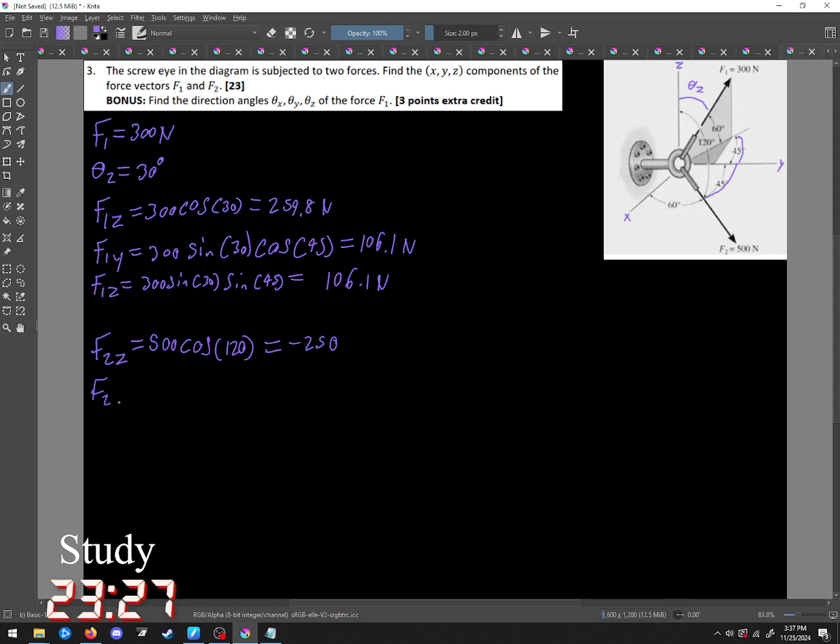And then we have F2y: 500 sine of 120 cosine of... looks like that's also 45. And this is going to be equal to 306.2.